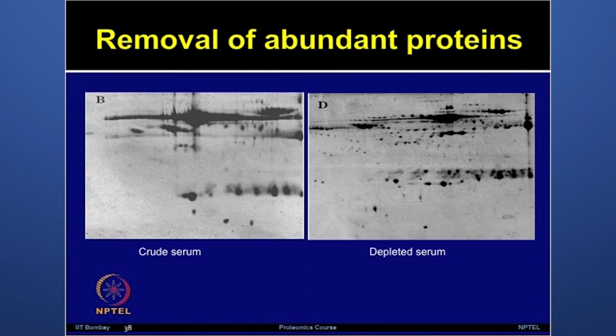In the crude serum, the albumin and other abundant proteins have resulted in very much masking of other proteins, and the isoelectric focusing and the gel quality is also not very good. So, streaking and different types of artifacts can be seen on this gel, whereas the right hand depleted serum 2D gel shows a better pattern.